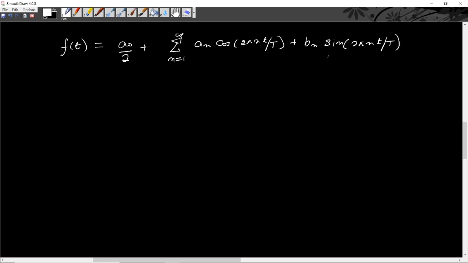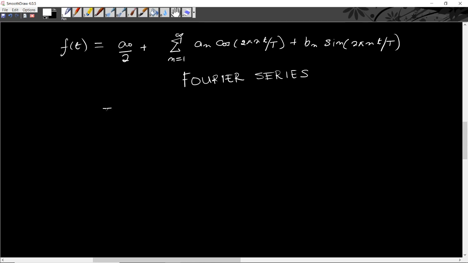So this kind of representation of a function in terms of sums of sines and cosines is called the Fourier series.